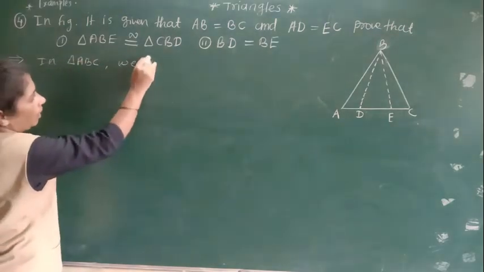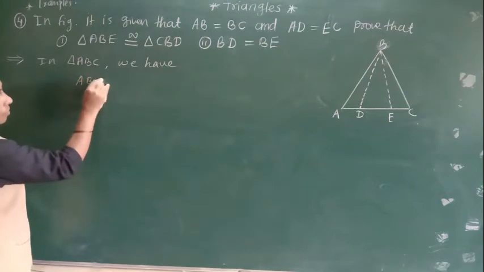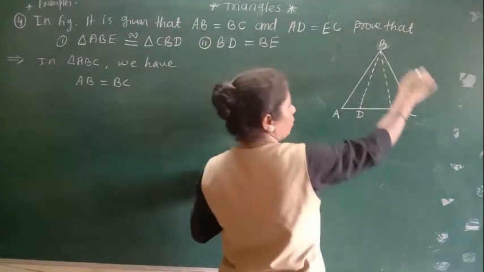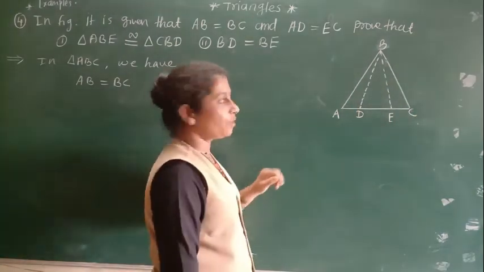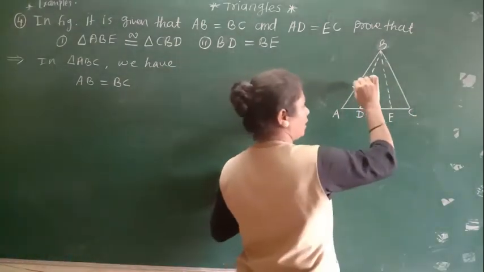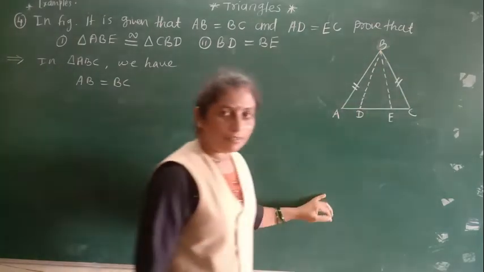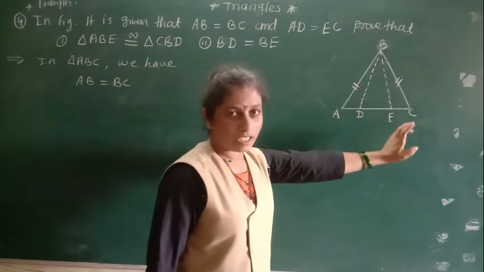Okay, what we have here, AB equals BC. We have here AB equals BC, means BA equals BC. So when it is given that AB equals BC, then we will use the property: angles opposite to the equal sides are equal.